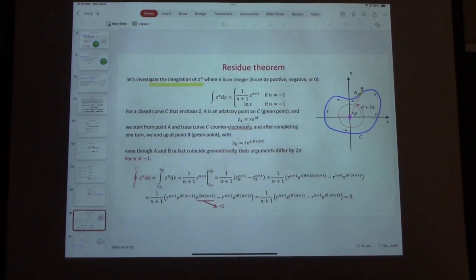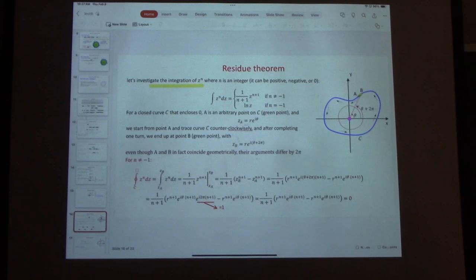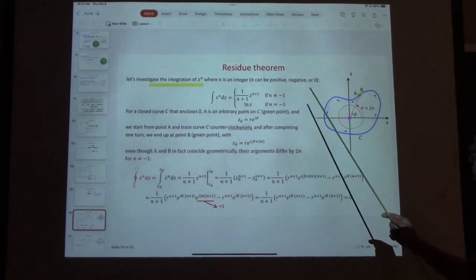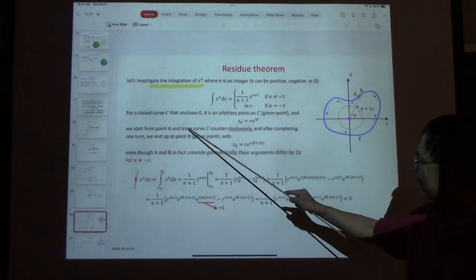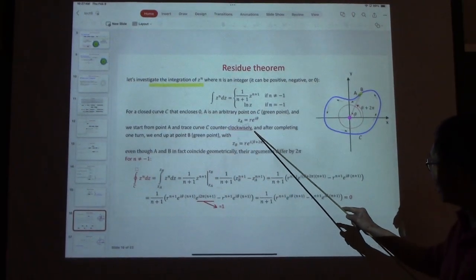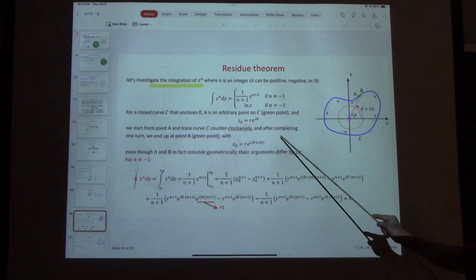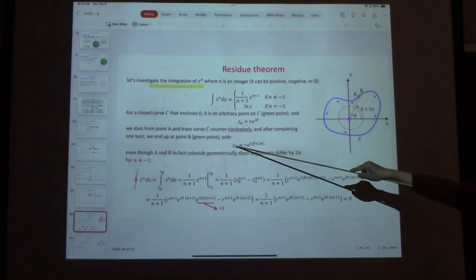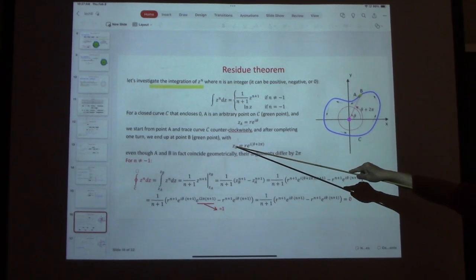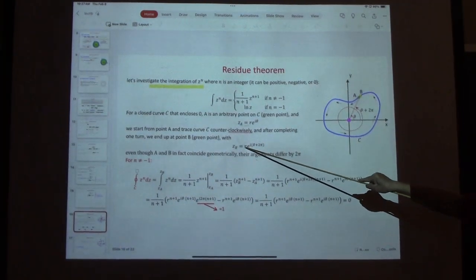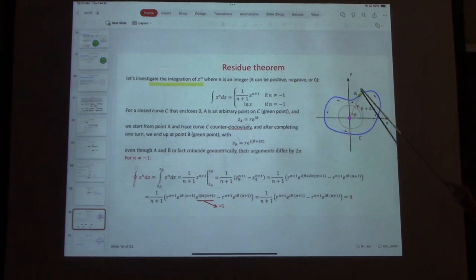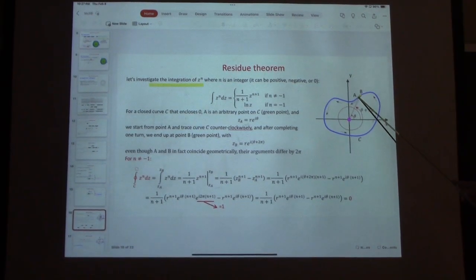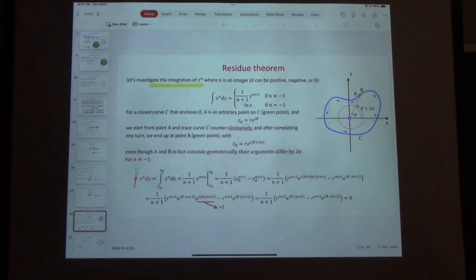We learned that; that's the polar representation of any complex number. So we start from point A and trace the curve C counterclockwise, complete one turn, and end up at z at B. r is the same. These two points coincide, but the angle is different.